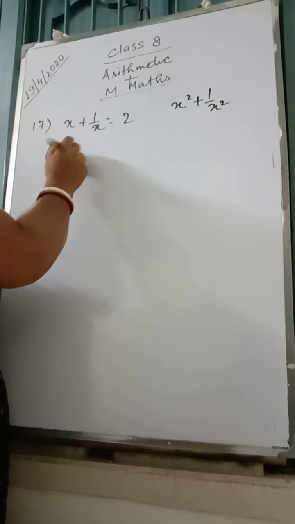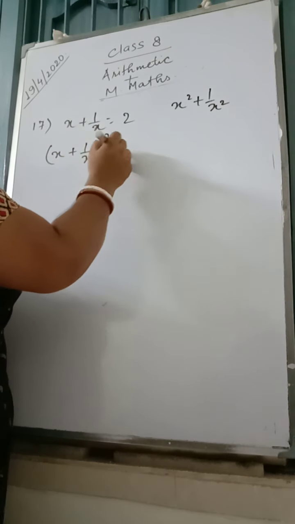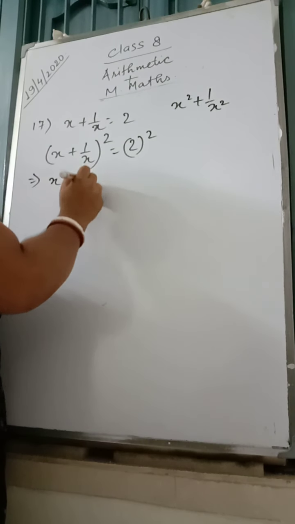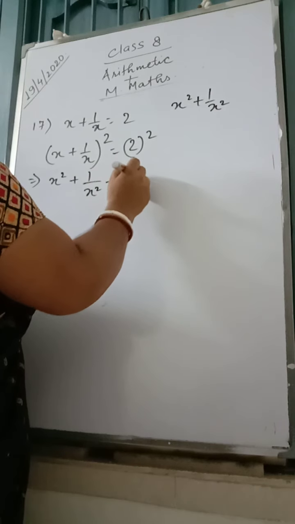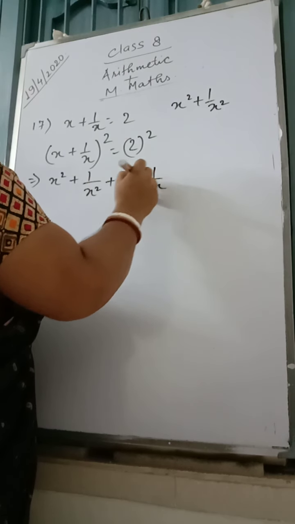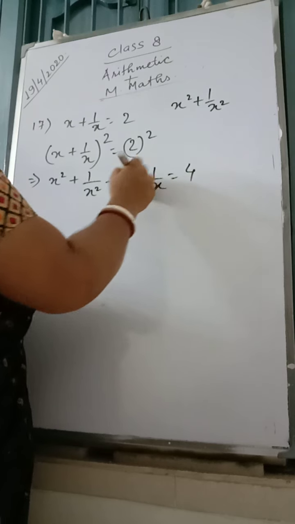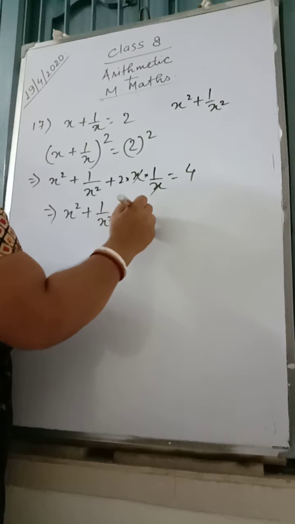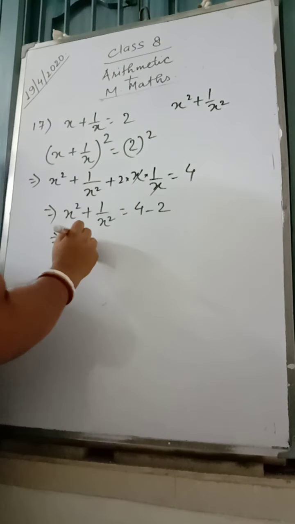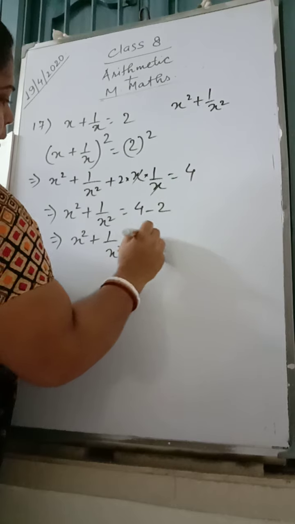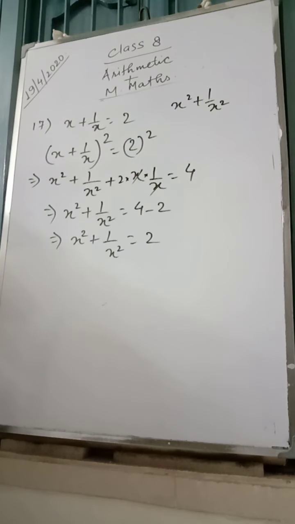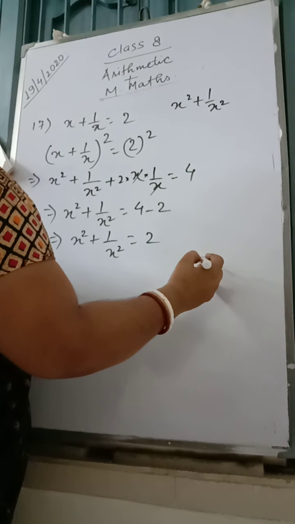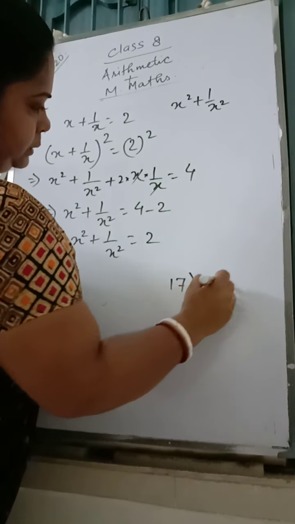Now if I square it, x plus 1 by x whole square, right side also 2 square, then it gives you a square plus b square plus 2ab, is equal to 4. Now this is cancelled. So what am I left with? x square plus 1 by x square is equal to 4 minus 2, or x square plus 1 by x square is equal to 2. So this 17's answer is 2.